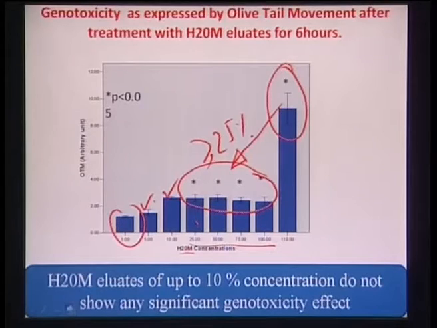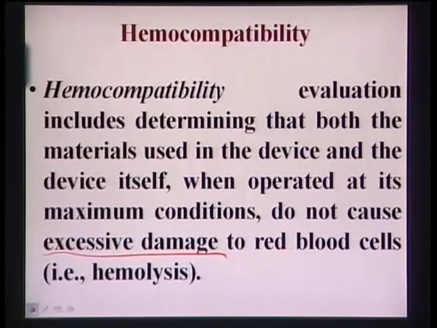In the same way, most of the materials or blood contacting devices will cause some damage to the RBCs, red blood cells. However, your task is to determine whether this damage is statistically significant compared to some control samples or not. And you cannot have an ideal material which does not cause any damage to the RBCs. That is the bottom line I am trying to tell.